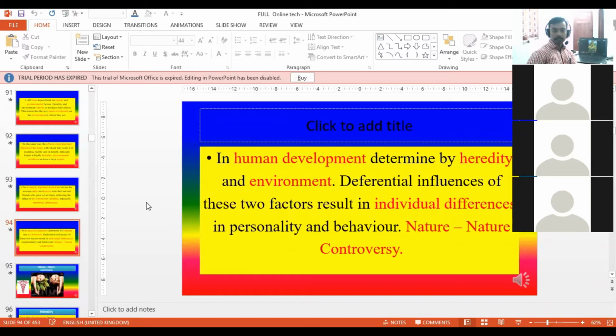Human development is determined by heredity and environment. This is various research findings: human development is determined by both heredity as well as environment.